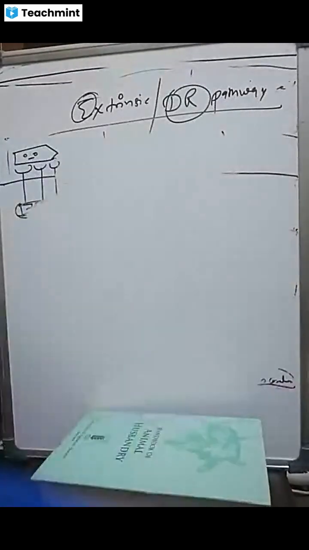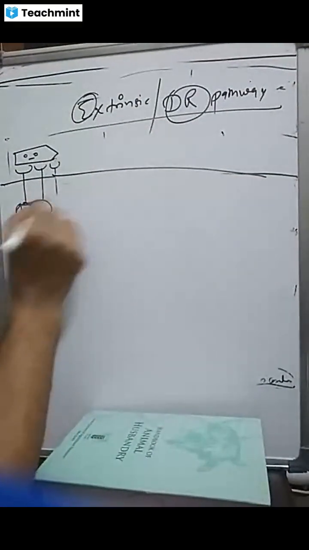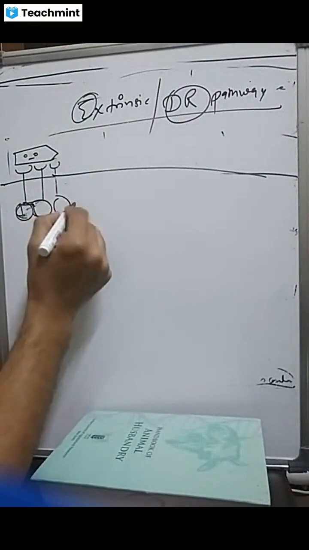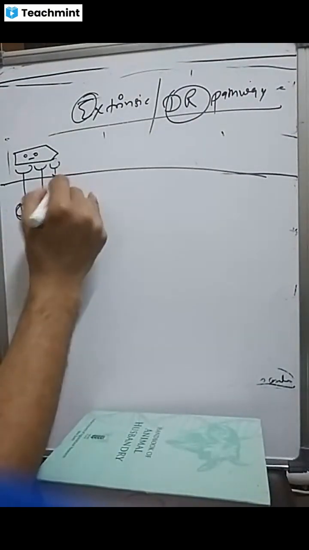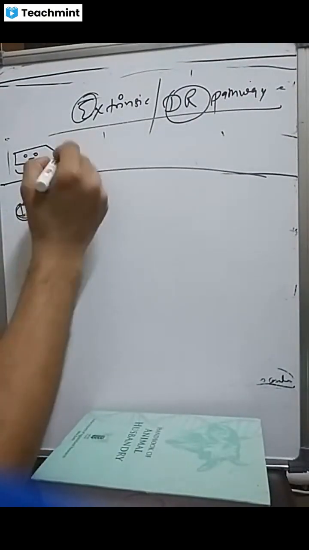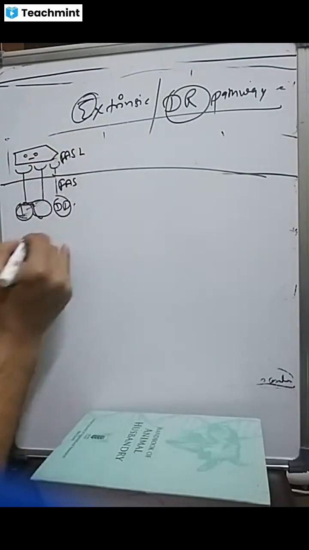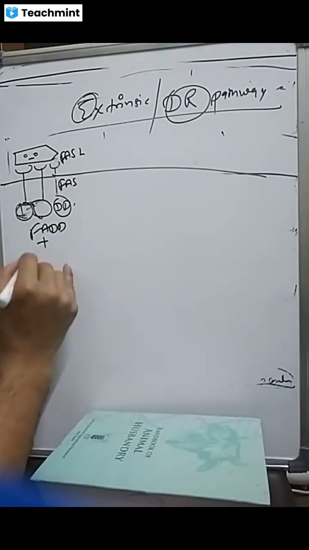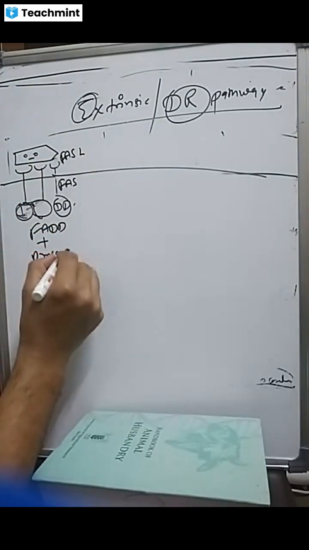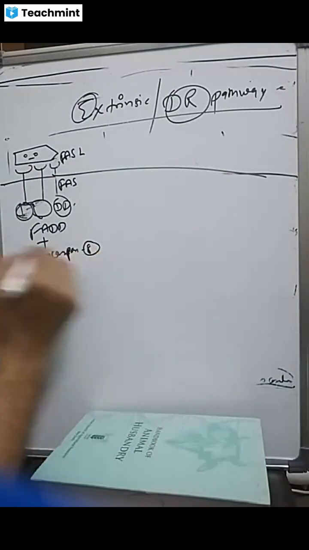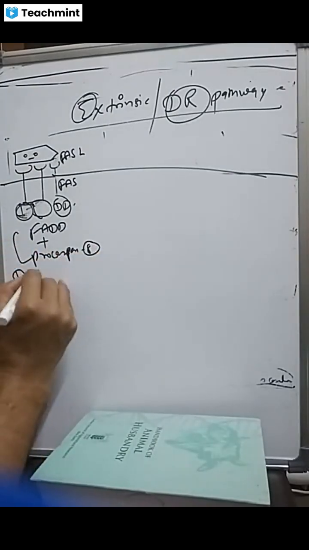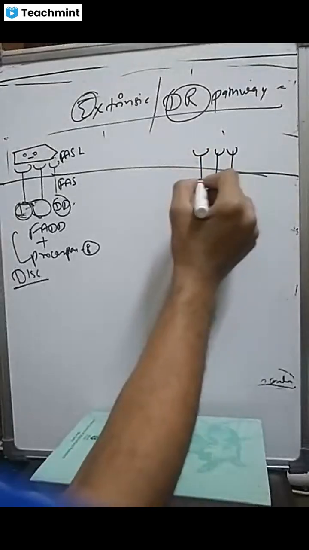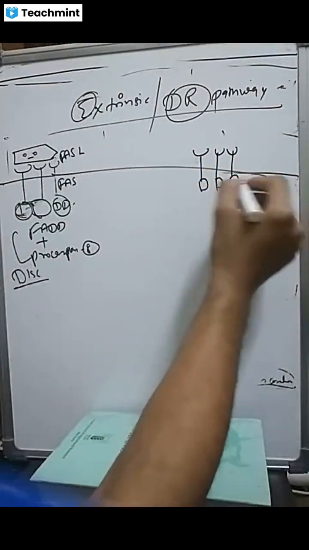So similarly, this is a trimer, death domain, and it is Fas receptor and it is Fas ligand. It is called FADD. It will combine with procaspase 8. The complex is called DISC. Similarly, we have a trimer with death domain.